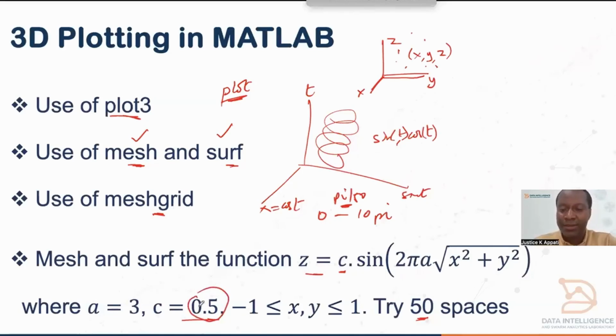This is a scalar. In our first series, we explained a scalar, a vector, and a matrix. Then we have a sine here, and we have 2 pi here, and an A. The A is also a scalar. And then we have over here x and y. But x and y are rather vectors.